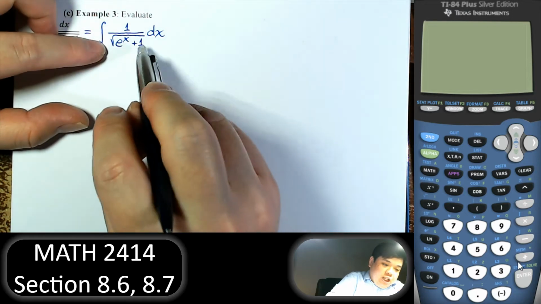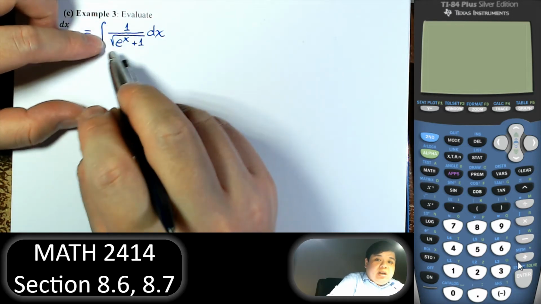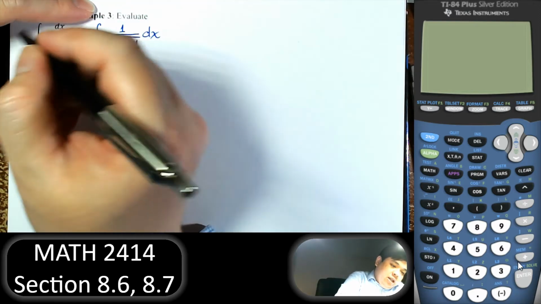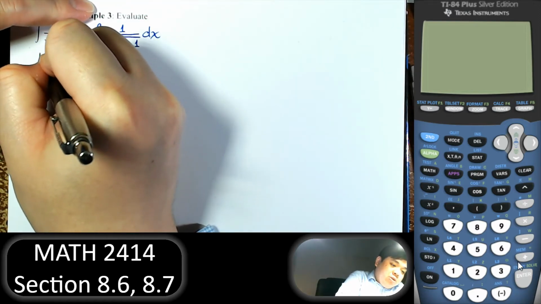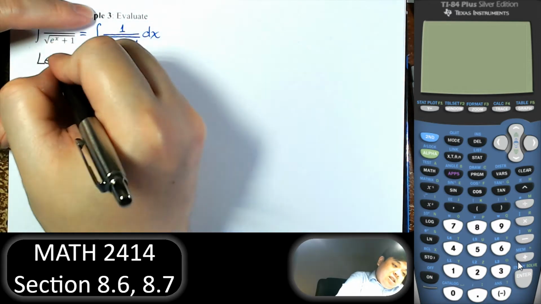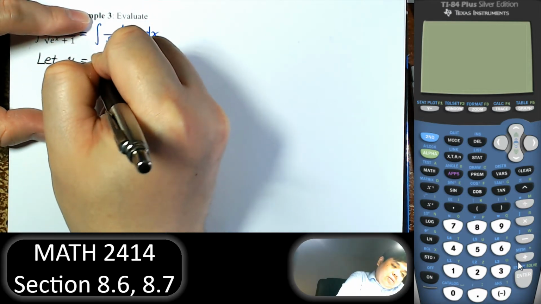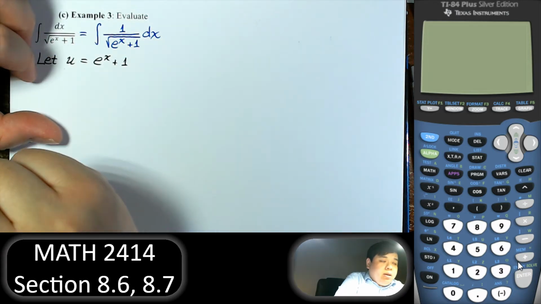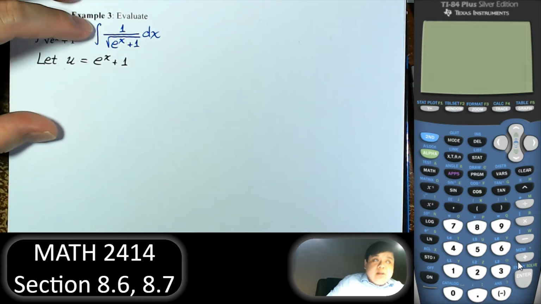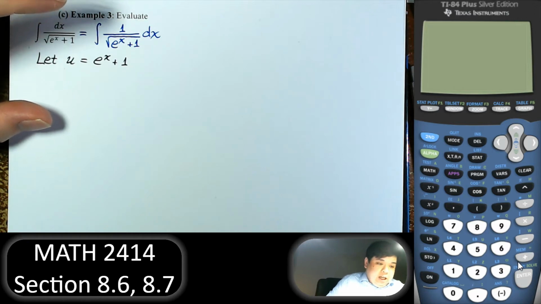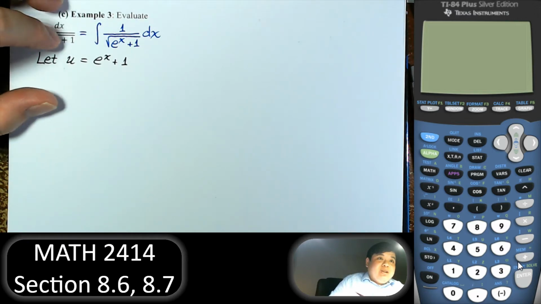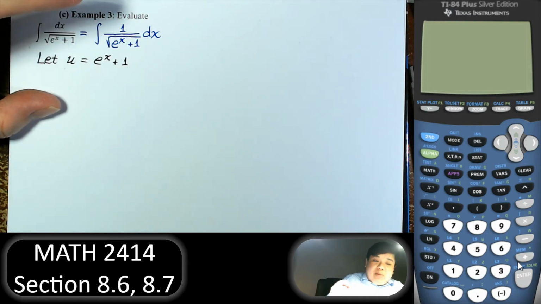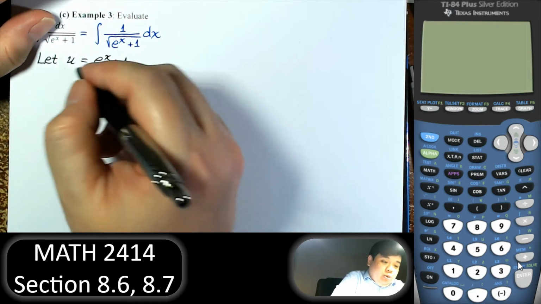How about let u equal to e to the x plus 1. And we said they might not be able to cancel, and that may be the case. This is one of the typical examples. It's a good review when we have this problem.